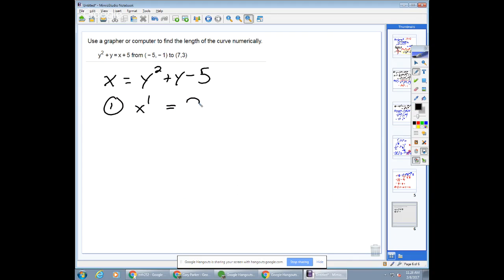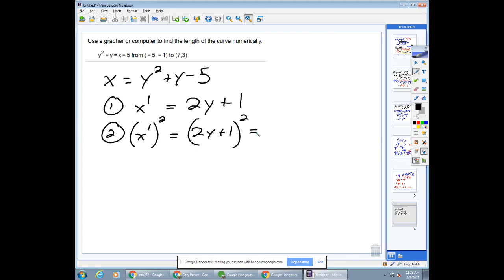So that's going to be 2y plus 1. Second step, I square it. So 2y plus 1 squared is going to be what? 4y squared plus 4y plus 1, when we multiply it by itself.